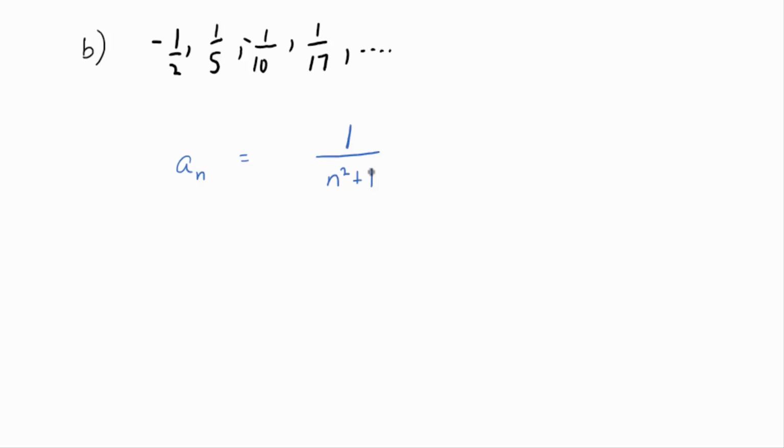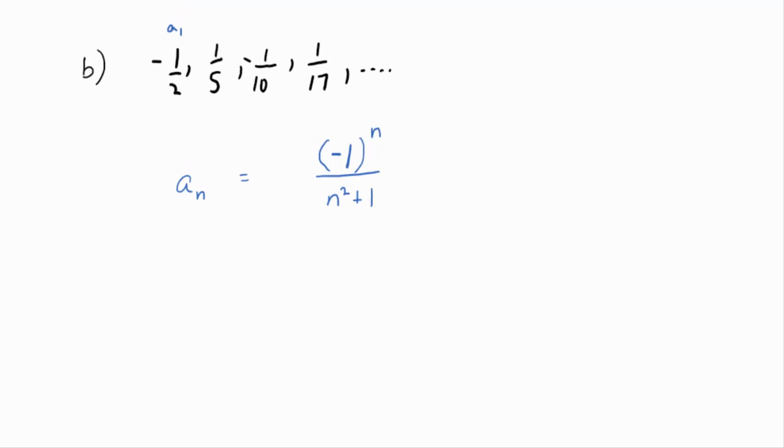And then how do you get the 1 to alternate between negative 1 and 1? So you could do negative 1 to the... We want the first term to be negative, so the exponent needs to be odd to start with. So just n would work, right? Now just look at the numerator. You're trying to compute the numerator in a_1, for instance.